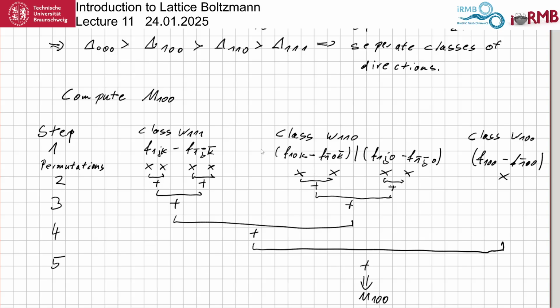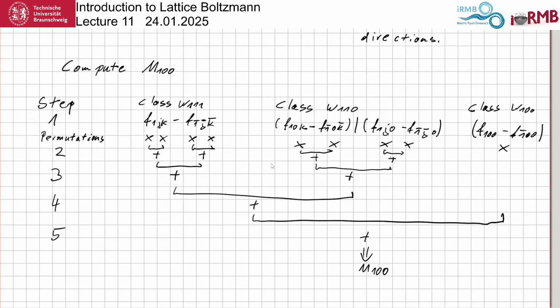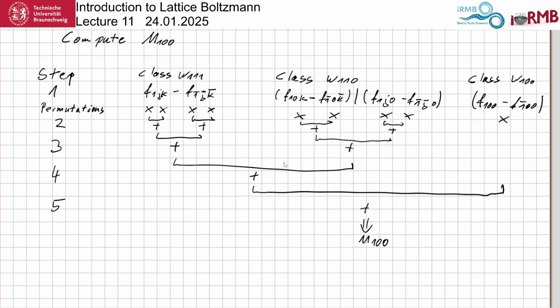Now, here, instead of 17 steps, we have only 5 steps, so we have less than a third of the round-off errors.